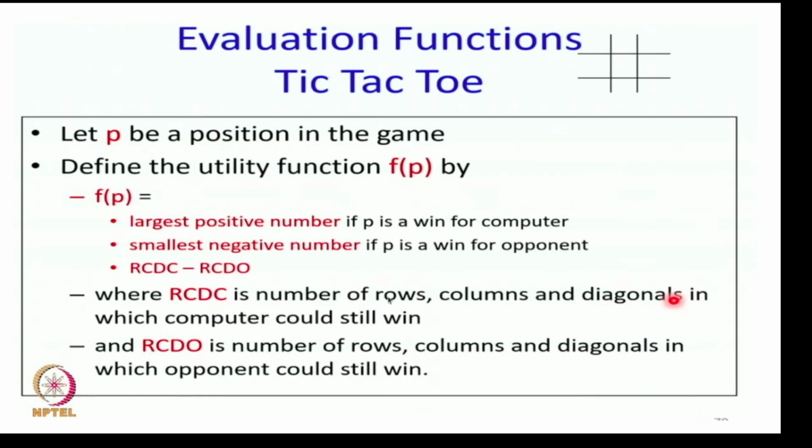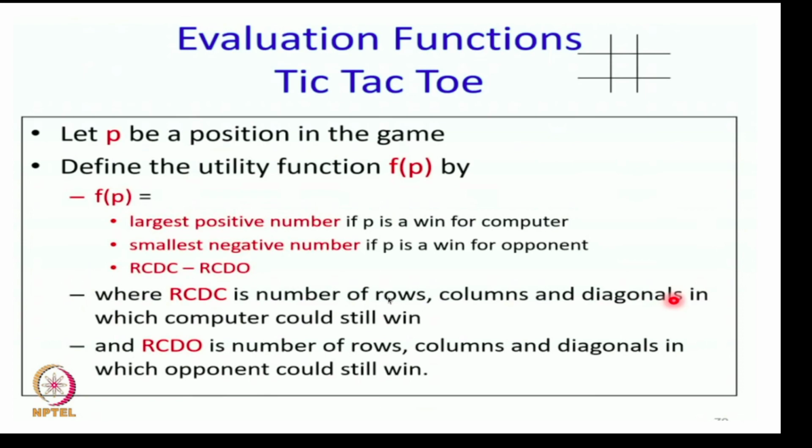Let's understand this scenario. Evaluation function for tic-tac-toe. So what is an evaluation function? Evaluation function means evaluation of a state. Evaluation of a state means from that state what is more likely to win, right?